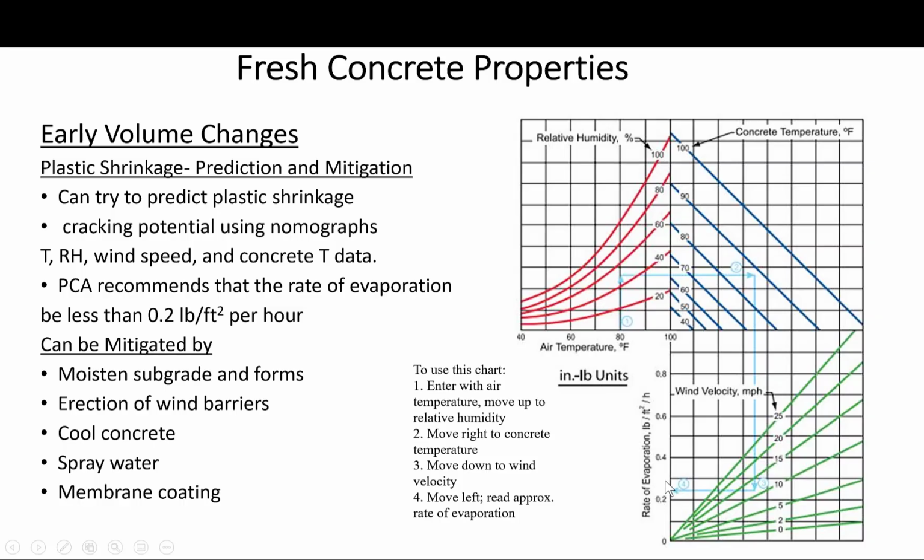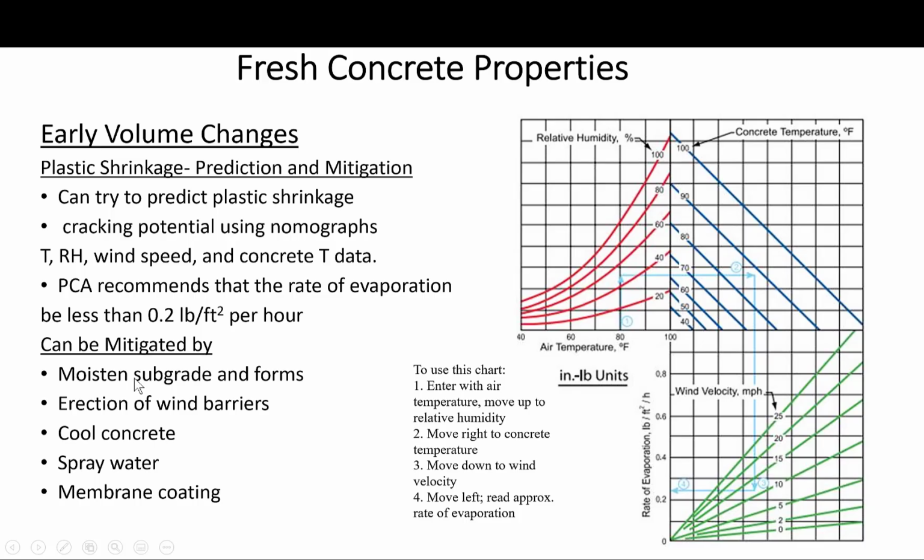Okay? Now, if it is more than the limit, you cannot just say we cannot pour concrete. No, otherwise we will never pour concrete in certain climates. You have to do certain things to reduce this rate of evaporation to a value less than the limit in order to be able to meet the requirements. So we have to mitigate these factors in order to make our conditions conducive to pour the concrete.